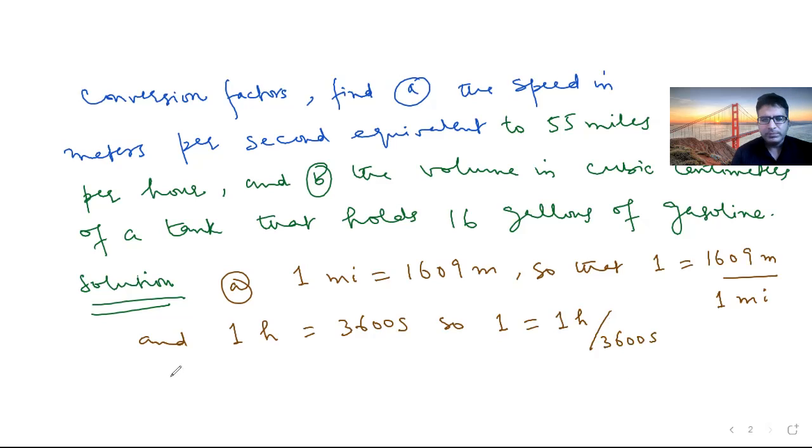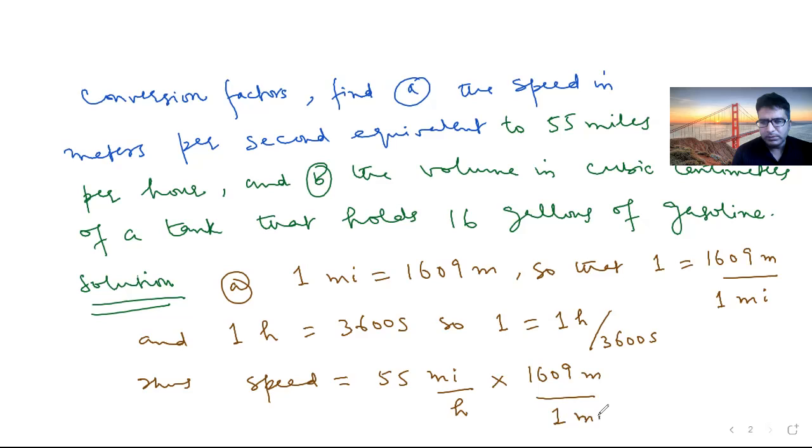Thus, speed, which is the given speed 55 miles per hour, we'll multiply it by 1609 meter over 1 mile, right?